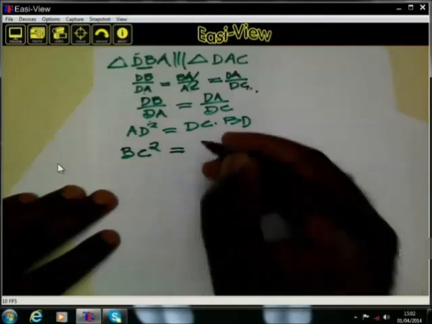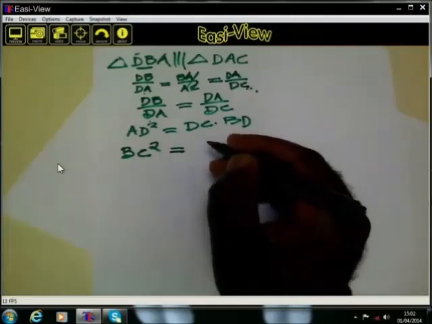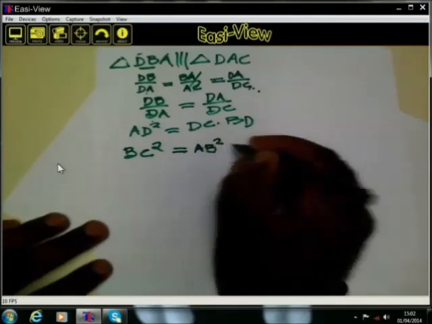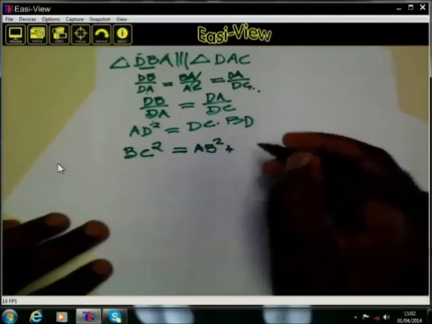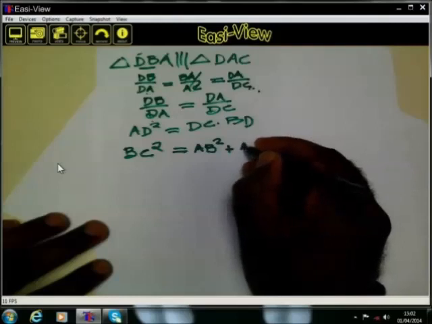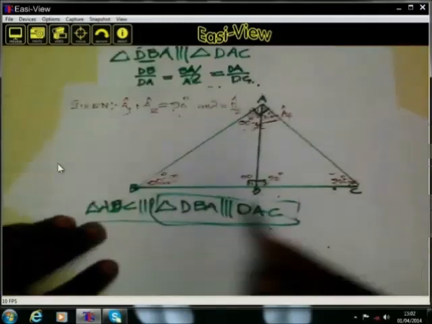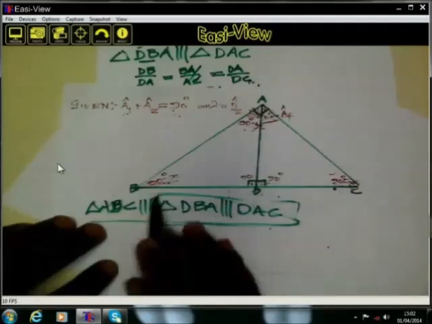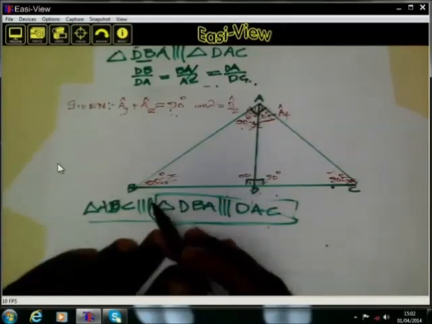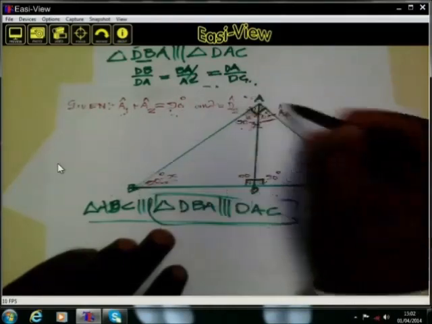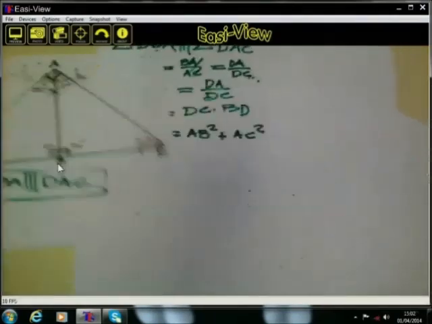BC squared must be equal to AB squared plus AC squared. The square of the longest side must be equal to the sum of the squares of the other two sides, AB squared and AC squared. That is what Pythagoras theorem entails.